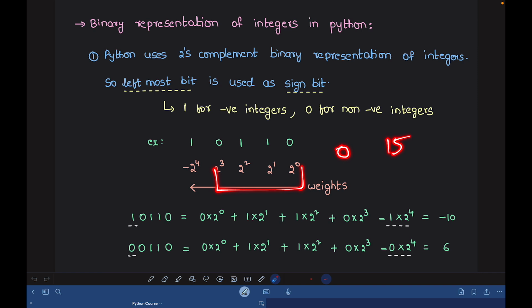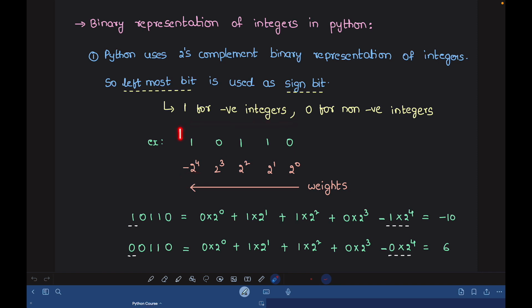Now, if the leftmost bit is 1, it gives a weight of minus 2 power 4, which is minus 16. So this minus 16 outweighs even the maximum positive number possible with the rightmost 4 bits. That is why if the first bit is 1, it will definitely give us a negative number. And if it is 0, the negative position will have 0 weight, and so it will only result in non-negative integers.